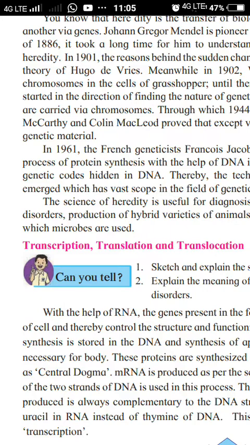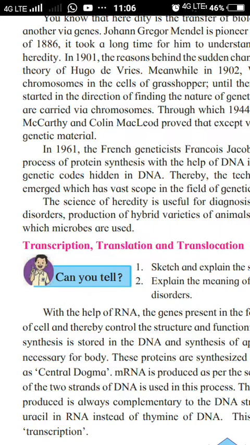Each nucleotide has its opposite or complementary nucleotide. Like we have seen, in DNA, adenine combines with thymine, guanine combines with cytosine. Similarly, in RNA, adenine combines with uracil, guanine combines with cytosine.